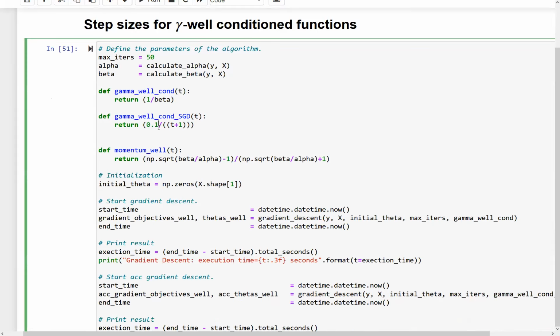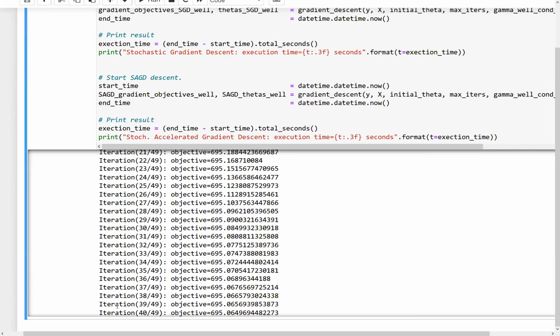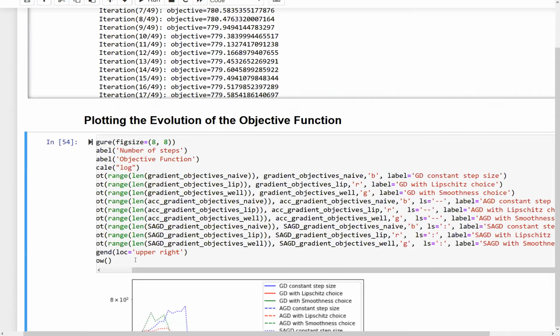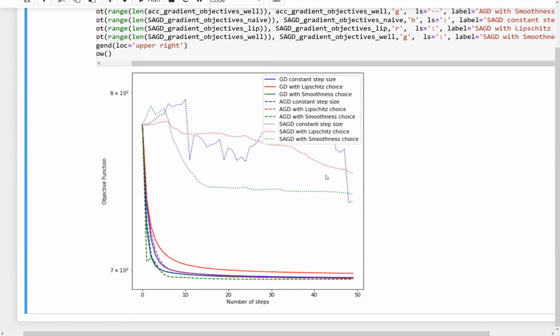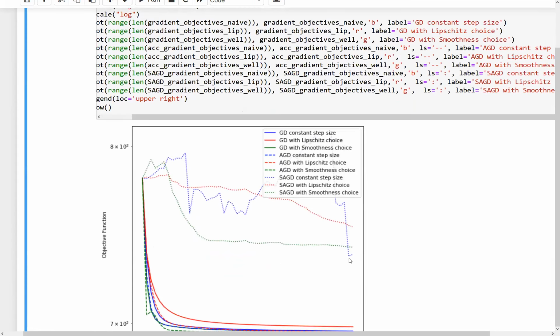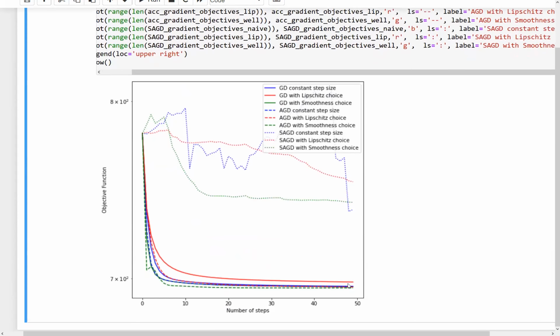So you see the choice of the step size is not always so obvious. Also, we run it only for 50 steps. You have to run it a bit longer than that, actually.